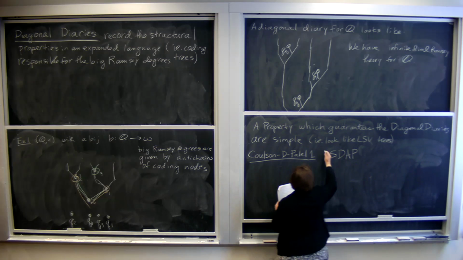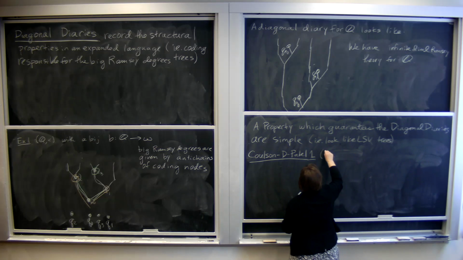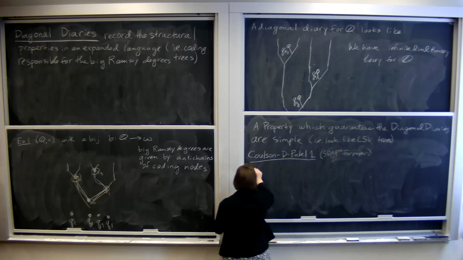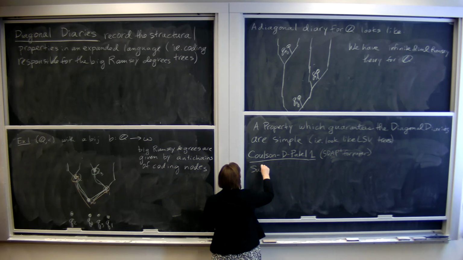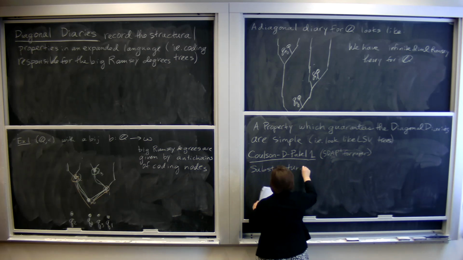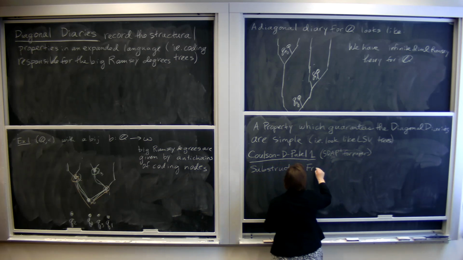And I'm actually not going to do SDAP plus, I'm going to do SFAP. SDAP plus is for the paper. But right now I'm just going to do the substructure free amalgamation property.